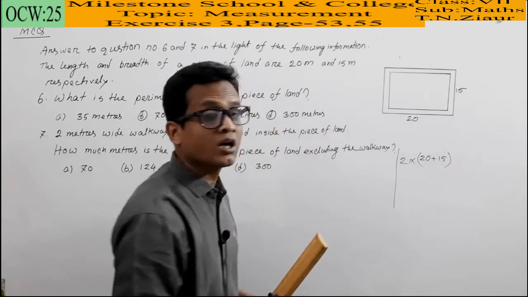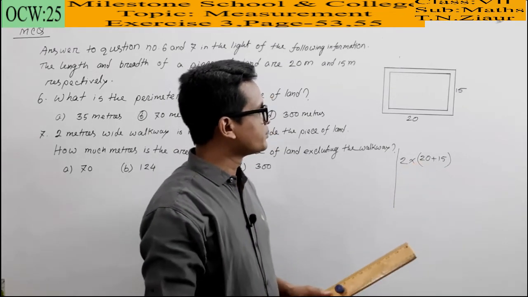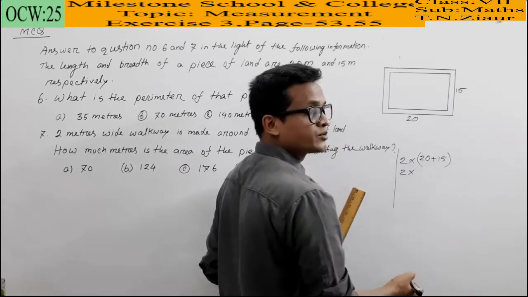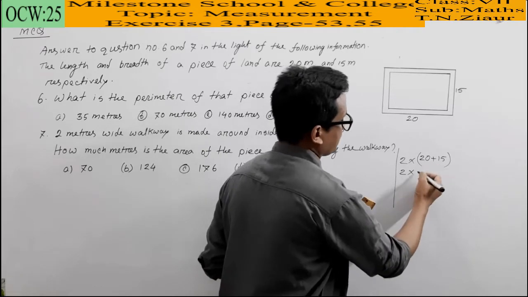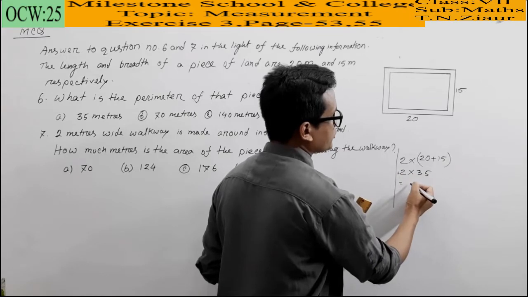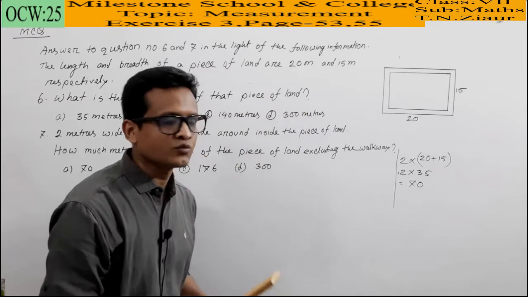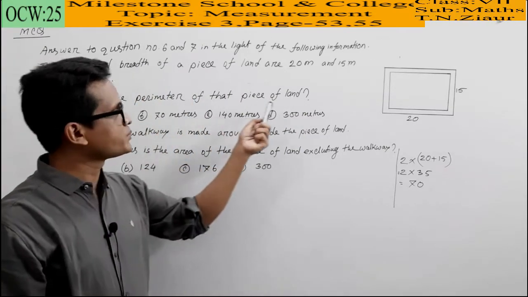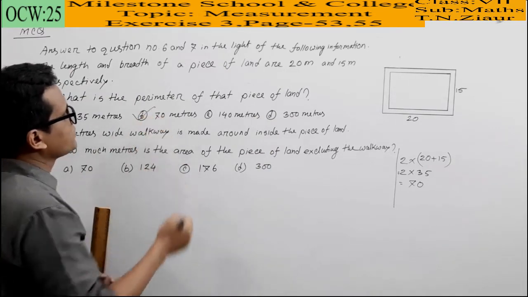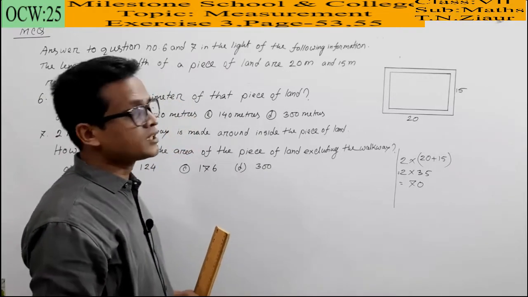This is the formula for finding the perimeter of a rectangle. Just add: 2 into 20 plus 15, what will be? 35. So 2 into 35 is equal to 70. So the perimeter of that piece of land will be 70 meter. This perimeter is always in meter, not square meter. Only when you find the area do you write square meter.